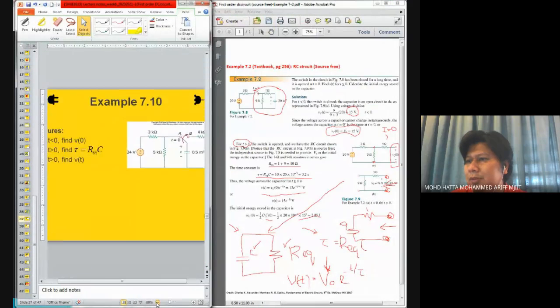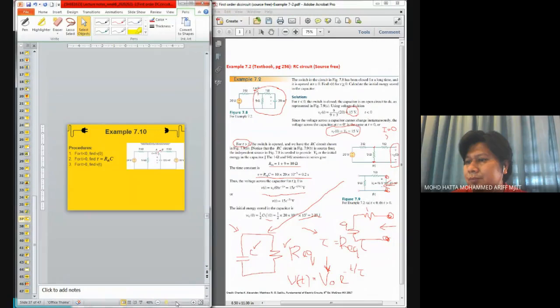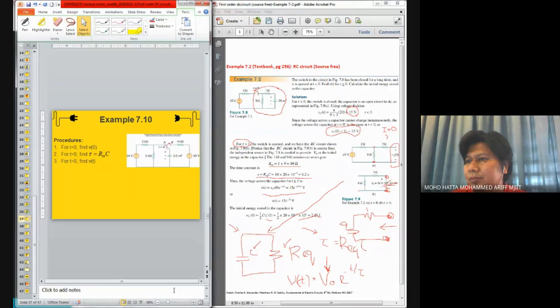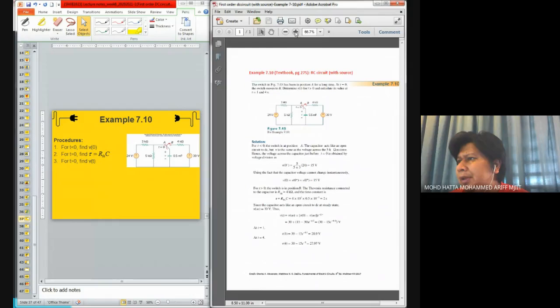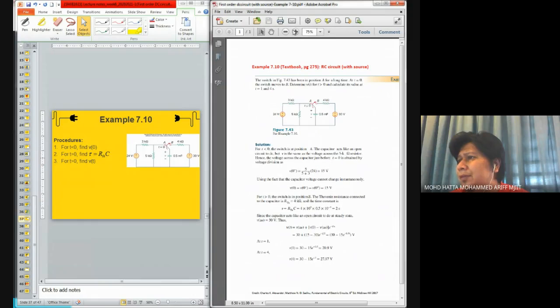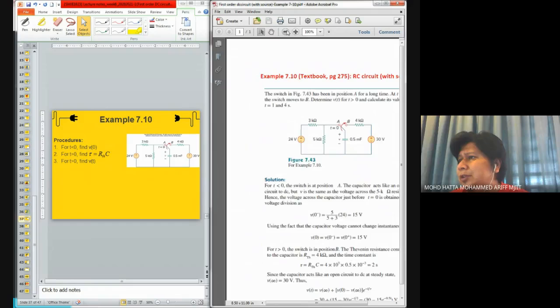I put it a bit smaller. Now, example 7.10 also can be found in your textbook, page 275, RC with source.